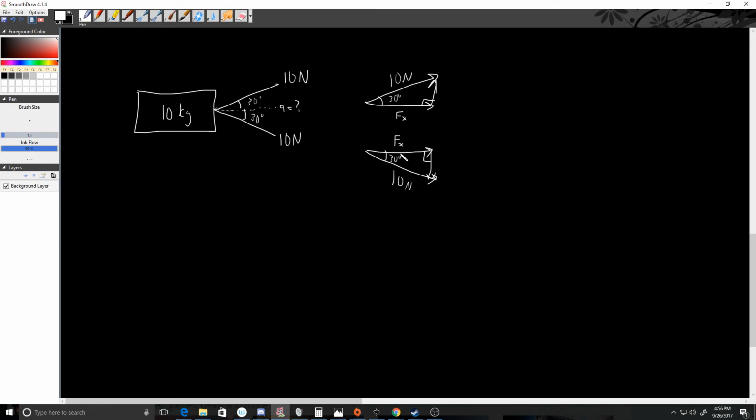And the way that I'm going to do this is I'm just going to use my trig properties, my SOHCAHTOA. So to find F of x, which is adjacent to the angle I have, it's going to be the hypotenuse. Adjacent would be CAH, so I'm going to use cosine of 30. Down here, it's going to be the same thing. All right, so let's go back to the calculator.